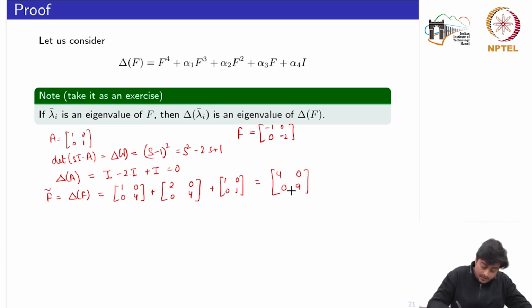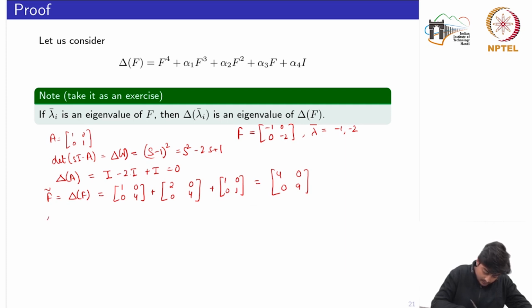Okay, so this matrix happens to be F tilde. Now it says if lambda I bar is an eigenvalue of F, so lambda bar are -1 and -2 of this matrix. So we need to compute and verify that delta of lambda I bar is an eigenvalue of this matrix F tilde.